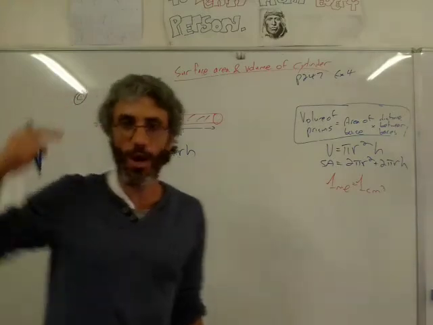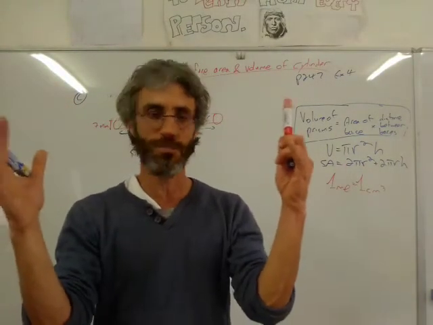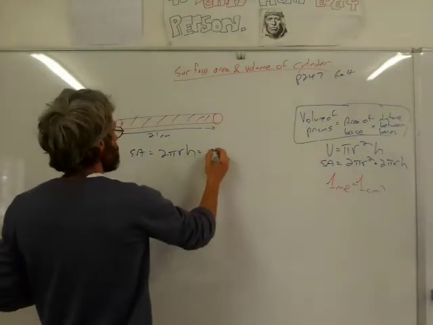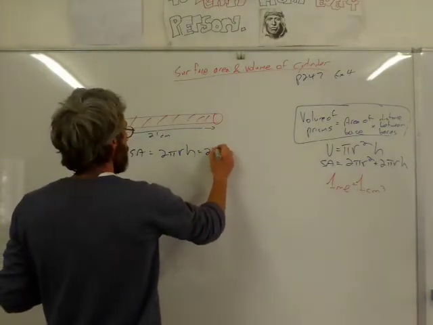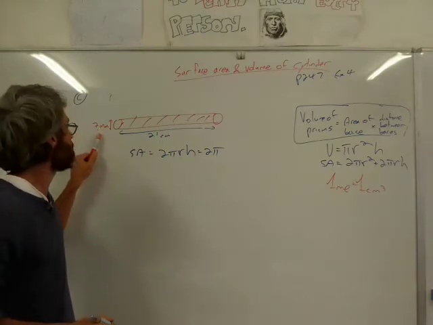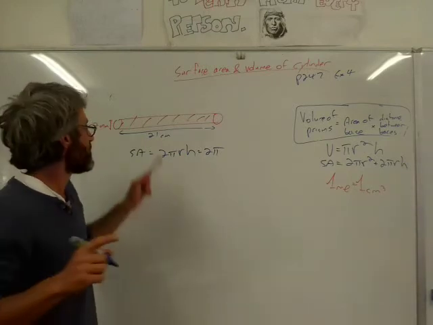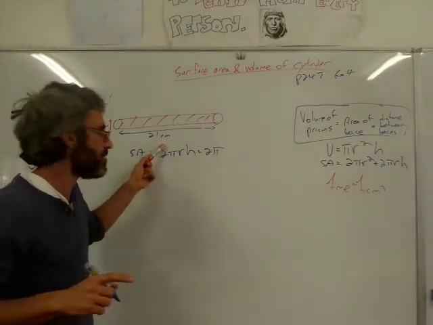This is why it's a bit of a difficult question, you need to really think here. There's no top and bottom. So 2 pi r h. 2 pi times r, what's the radius? If the diameter is 7 millimeters, the radius is going to be 3.5 millimeters. But we want to work with centimeters, because we have centimeters here.